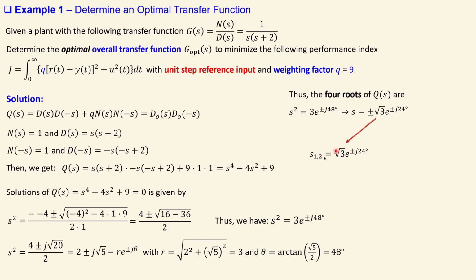So for the plus you will get this, so s1, 2, and you will have s3, 4 with the minus sign, you have actually 2 directions. So s1 will be the one with the square root of 3 and then the plus phase. S2 will be again the square root of 3, but with the minus phase of minus 24 degrees. In a similar form for that one, exactly the same, but we have minus the square root of 3. Exact same, nothing more. But we have 4 solutions.